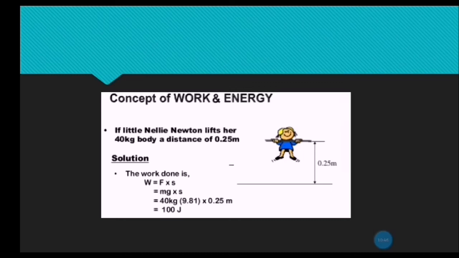But the mass is related to weight, which is the gravitational force. So m times g times s, 40 kilograms times 9.81, you can take it as 10 because in most exercises, especially for grade 8, you are allowed to take g equals 10, times 0.25 meters, and the answer is 100 joules. So the work done is 100 joules.